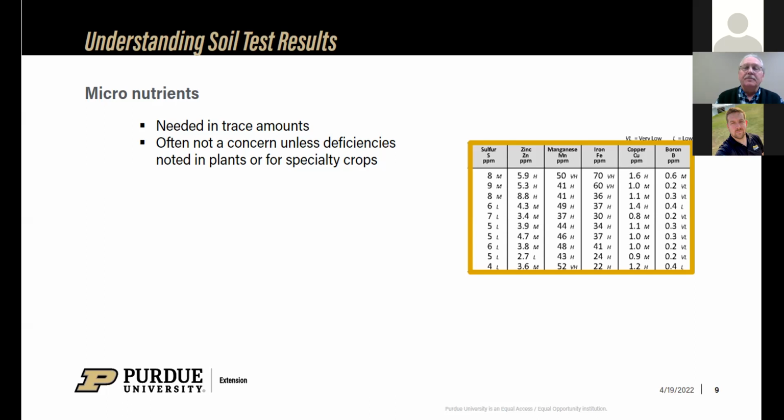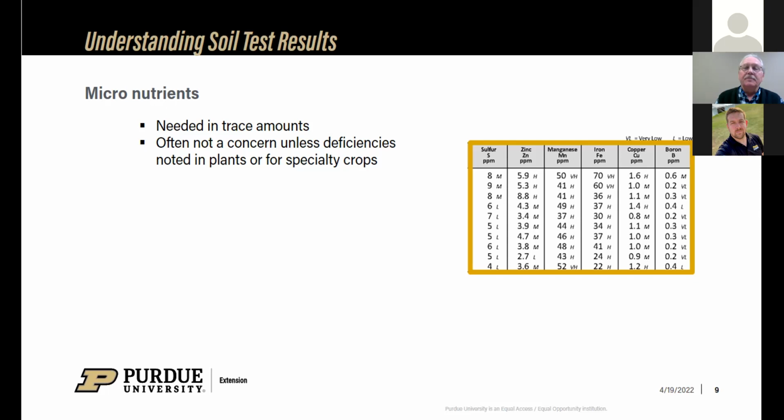But micronutrients are just needed in trace amounts, really, unless you're seeing deficiencies or you've got a specialty crop that really needs some of that nutrient. It's not as important to test for that. Boron would be an example in alfalfa. Alfalfa does prefer some boron. Also in soybeans, I've seen the manganese and iron deficiencies.